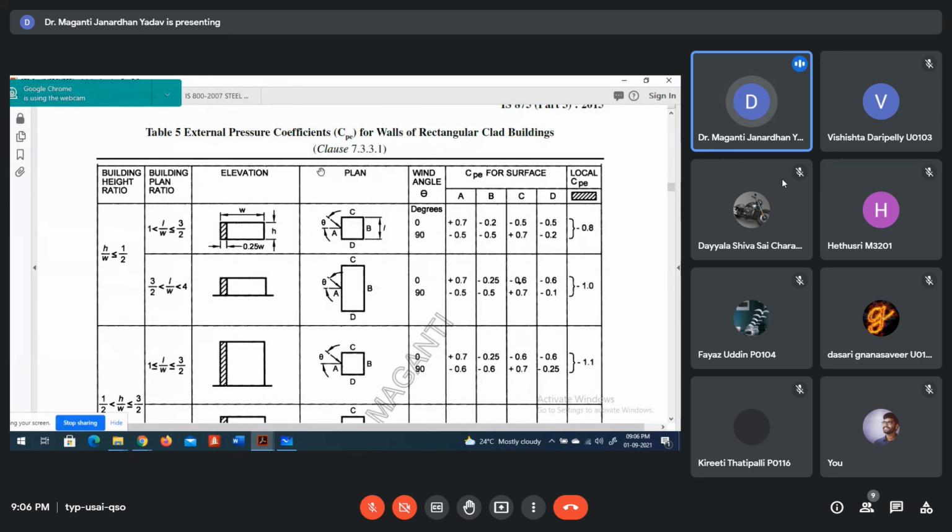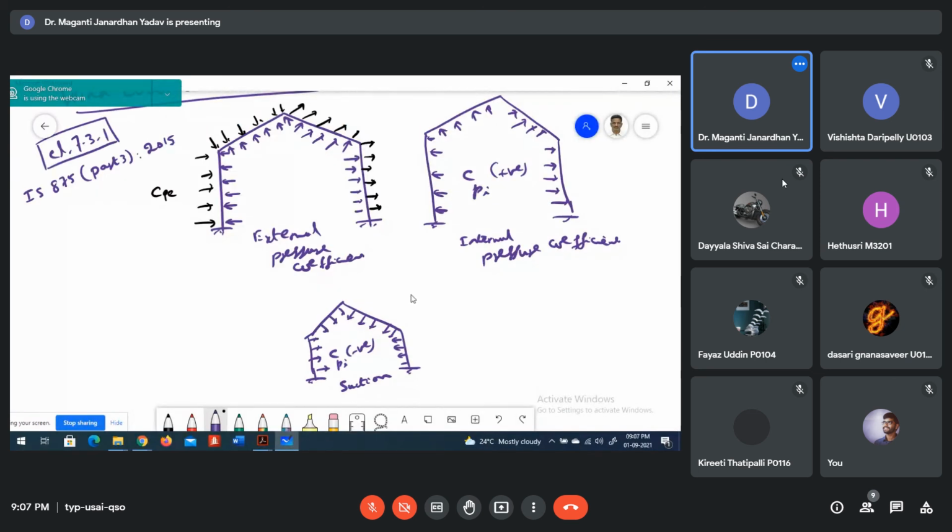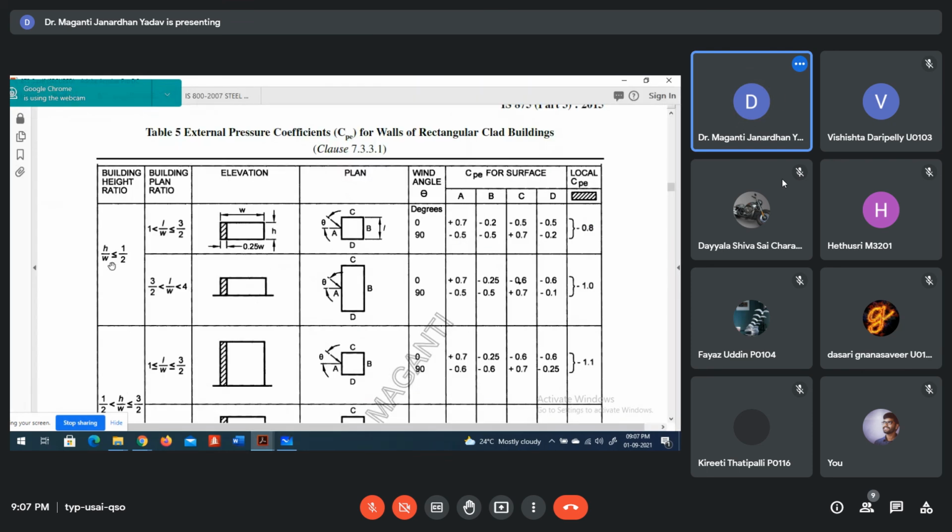See, these are the pressure coefficients, CPE. This is given by H and W, for building height ratio.